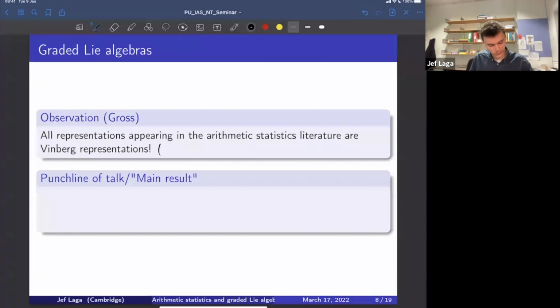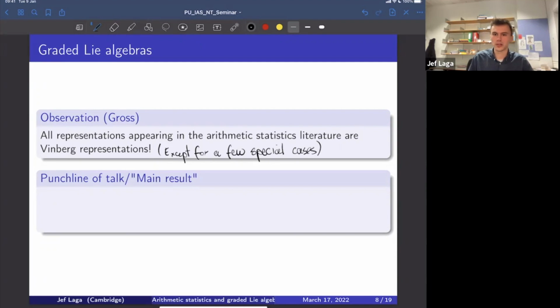Here, if I'm very precise, I should say that there are a few exceptions, but I can elaborate on that if people want. But basically all of the others arise from Vinberg theory, so they arise from a graded Lie algebra.